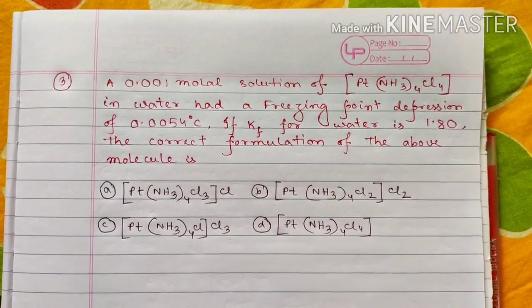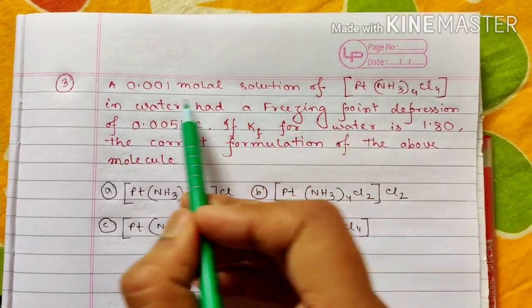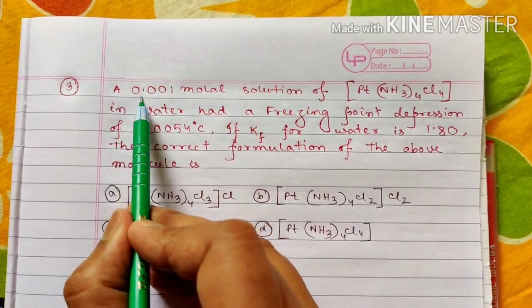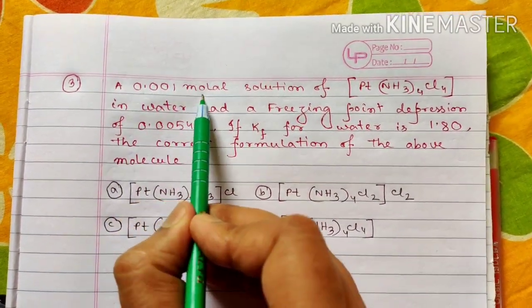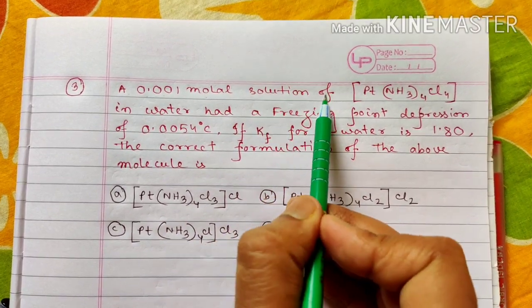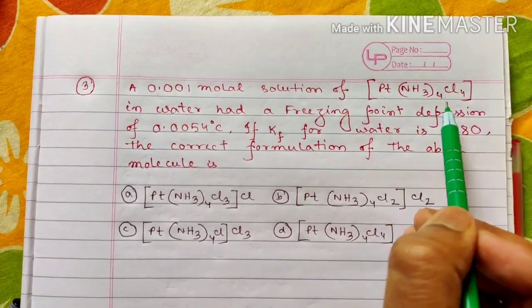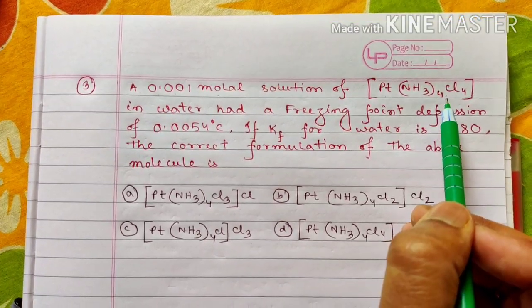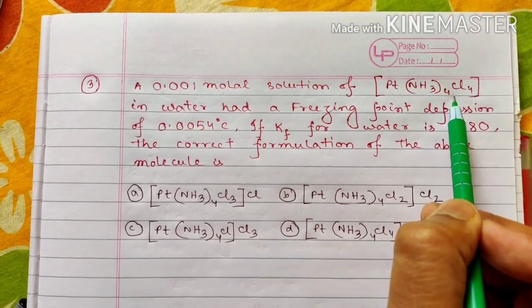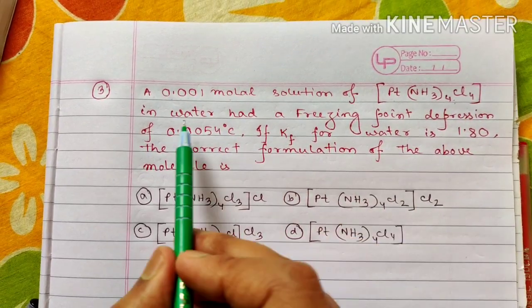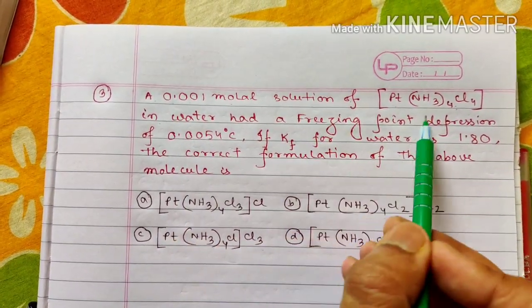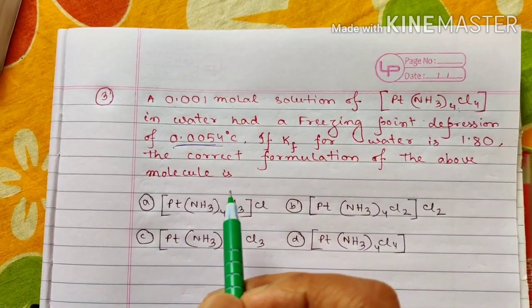Next question is related to the freezing point depression, but it is a different kind of problem because of the fact that the question which is given, if we read it out, is 0.001 molal solution of this one. It is a complex. A complex is given, not a regular compound which we know as electrolytes, in water had a freezing point depression of this much.